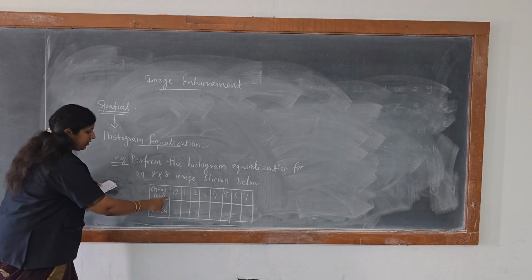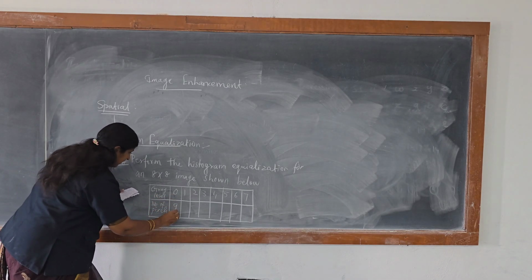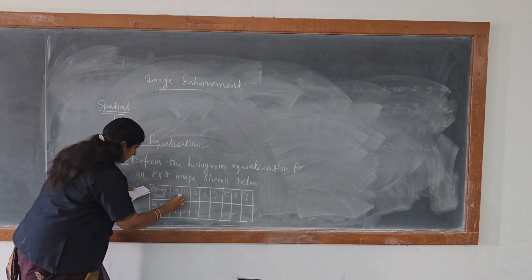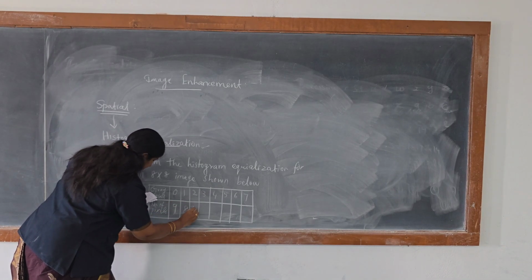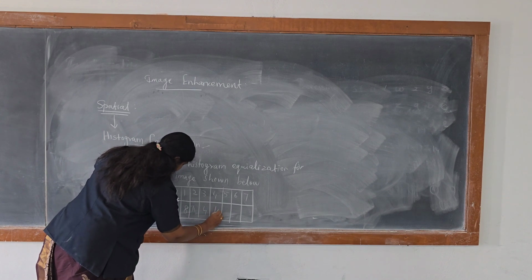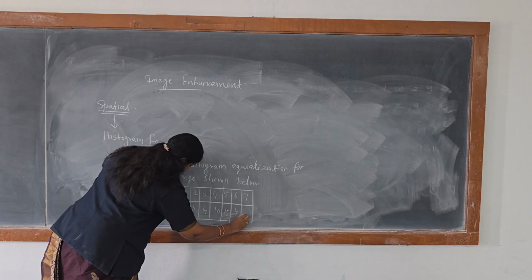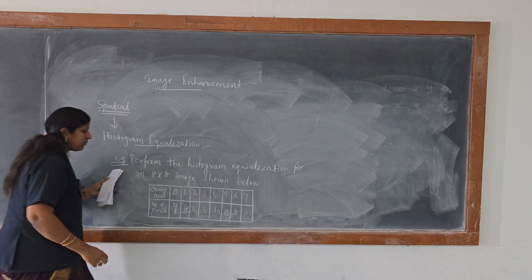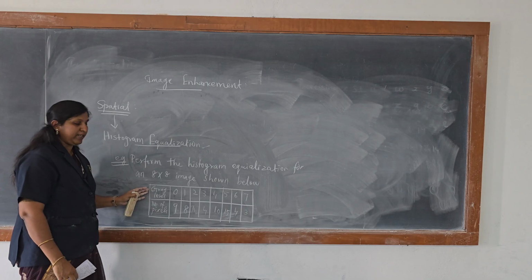The intensity value 0 occurs 9 times in the image matrix, 1 occurs 8 times, 2 occurs 11, 3 occurs 4, 4 occurs 10, 5 occurs 15, 6 occurs 4 and 7 occurs 3. Okay, so this is the given table.